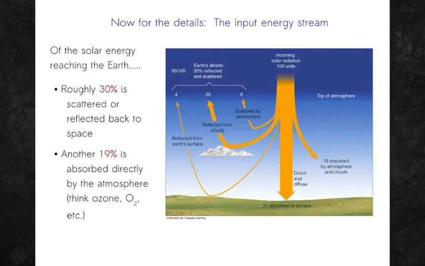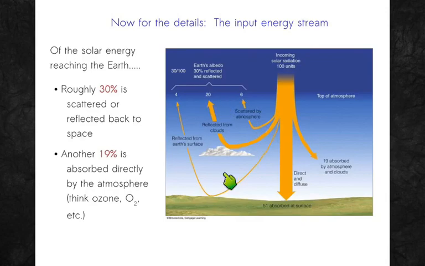Okay, so first, let's start with the energy that's coming in from the sun. To keep it simple, let's say we've got 100 units of energy coming in from the sun. That energy passes through the atmosphere, and some of it ends up being scattered by the atmosphere back off into space, and some of it ends up being reflected and scattered off of clouds, back off into space.